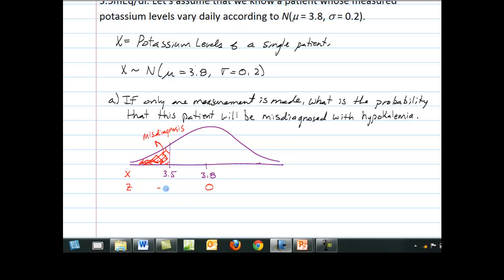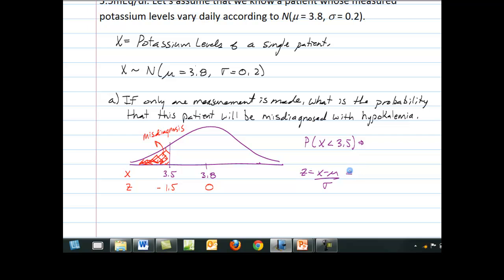1.5. Now let's look at this in terms of probability statements. We're talking about the probability that x is less than 3.5. When we standardize, we look at z equals x minus mu over sigma.